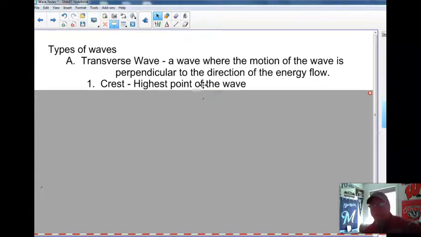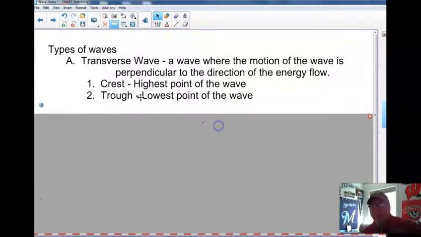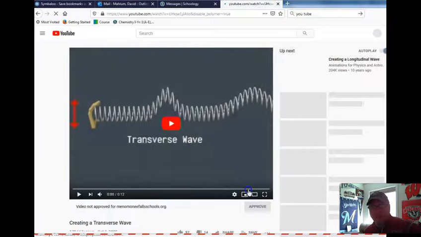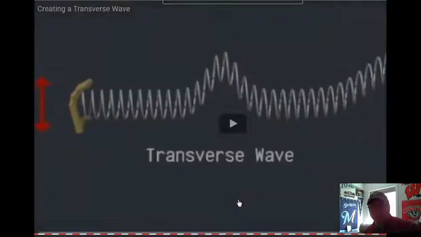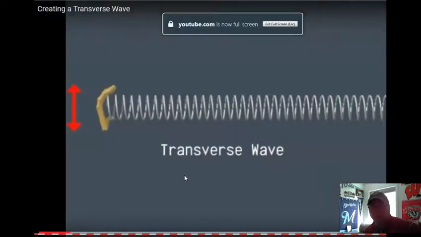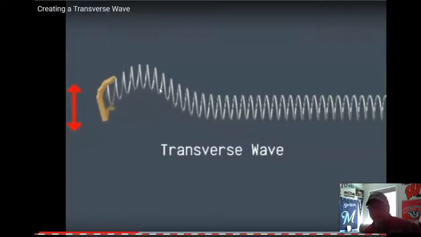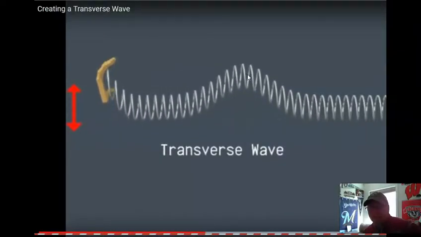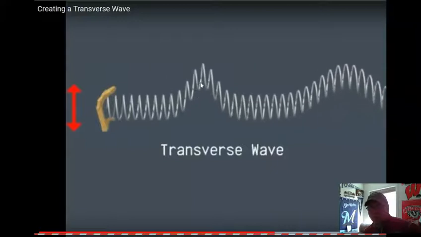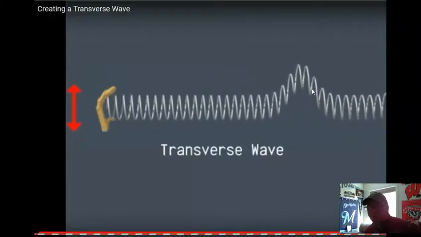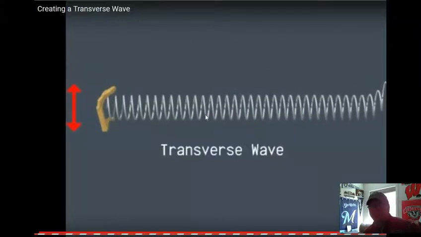Those crests are the high points of the wave, and there's going to be a trough, and a trough is a low point of the wave. If you go out here and take a look at this, there you go, transverse waves, super duper simple. Here's a crest. Here's a crest. By the way, the medium here is the spring. We're watching the wave move through that spring.